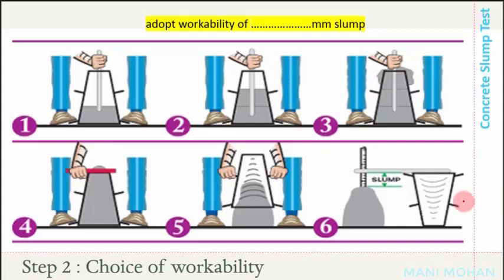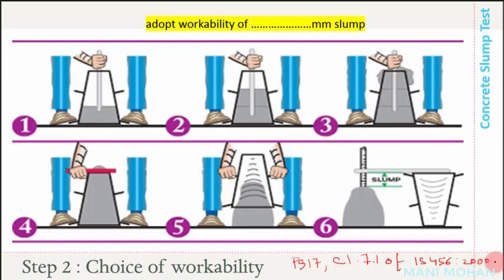Step 2 is about choice of workability. Based upon the job requirement, you select the desired workability in concrete. Now, in order to get an idea of what kind of workability you need in concrete, you go to page number 17, clause number 7.1 of IS 456-2000.